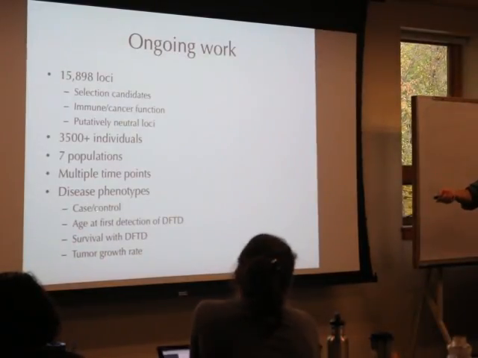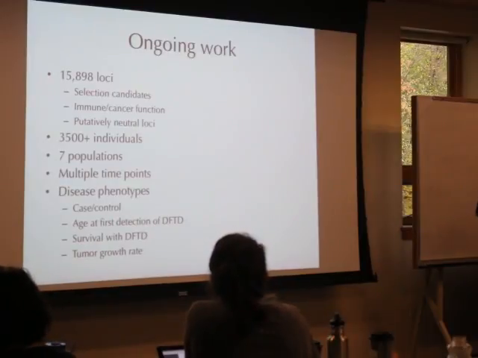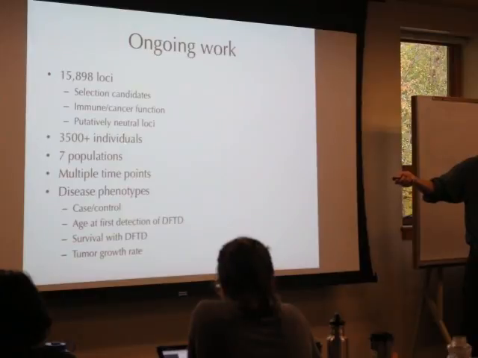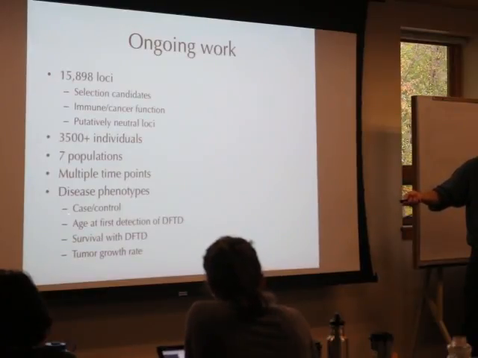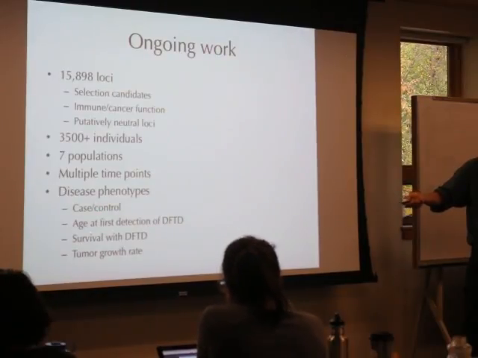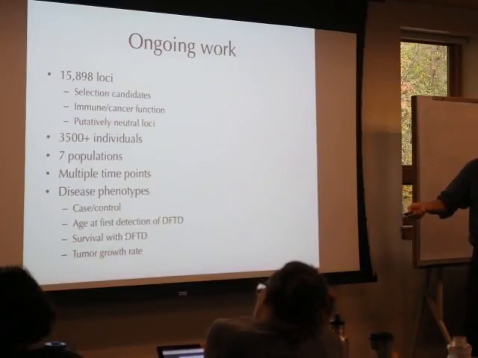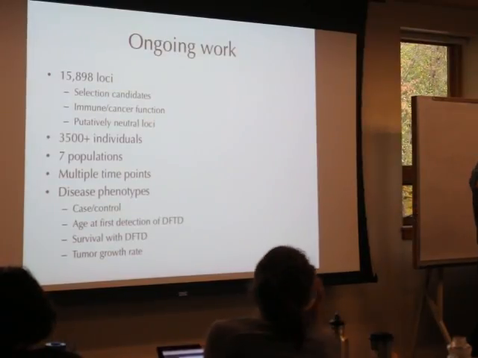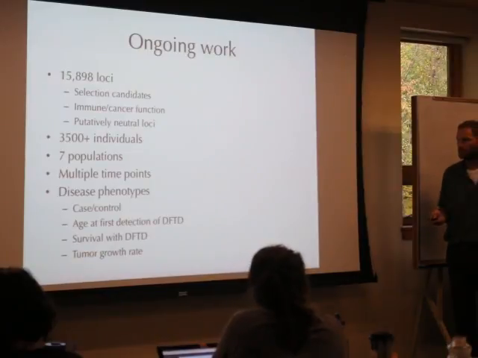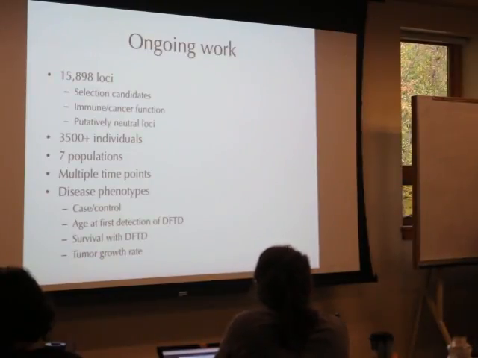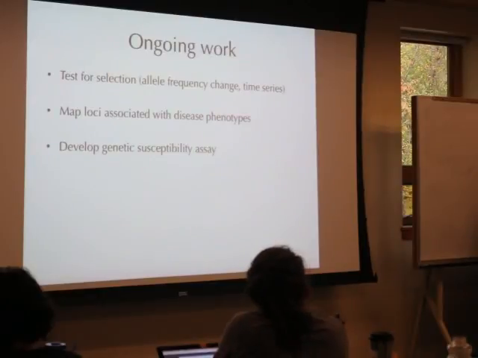And the other thing, because we have collaborators who've been collecting so much great data on these individuals, all or most of these individuals, we have phenotype data also. So case control, meaning presence or absence of disease, age at first detection of disease, if they're captured multiple times, length of survival with the disease, again if they're captured multiple times, and tumor growth rate. So we're doing a bunch of stuff with this data set.